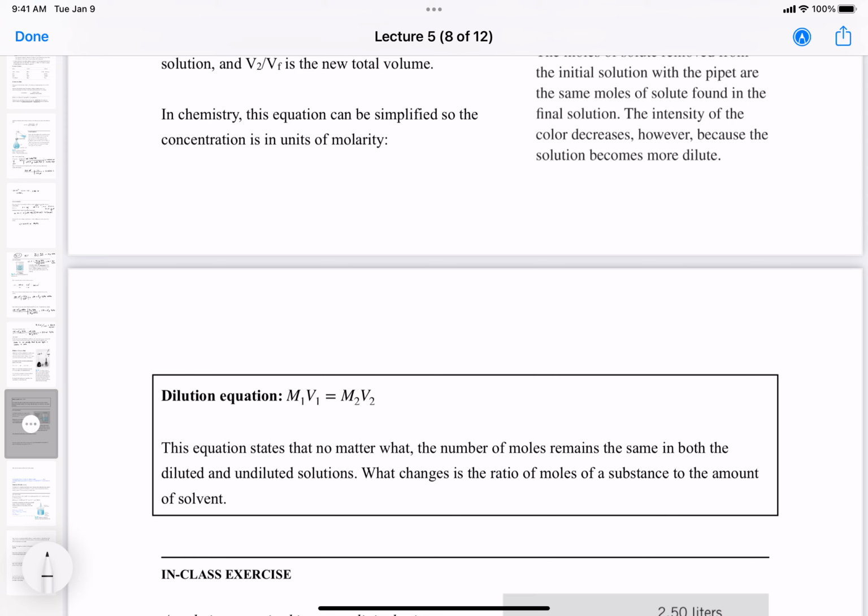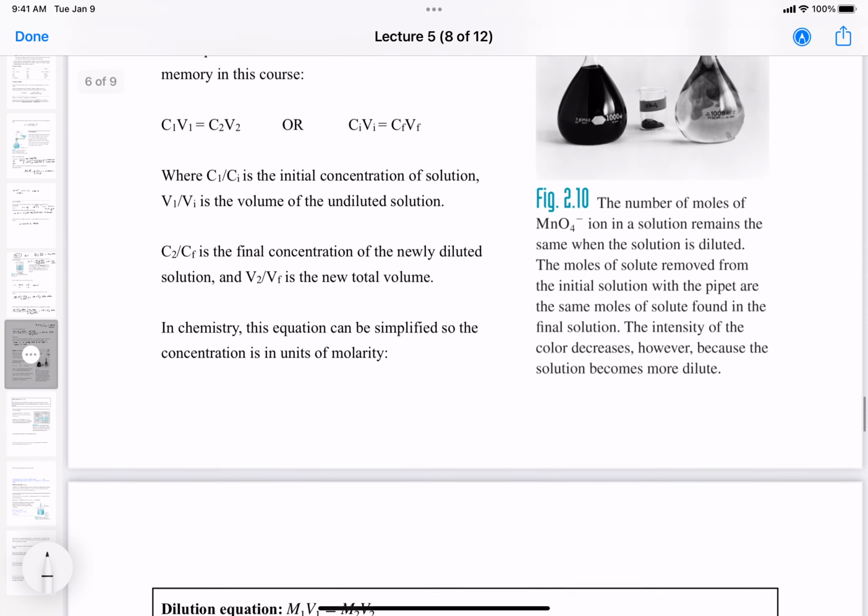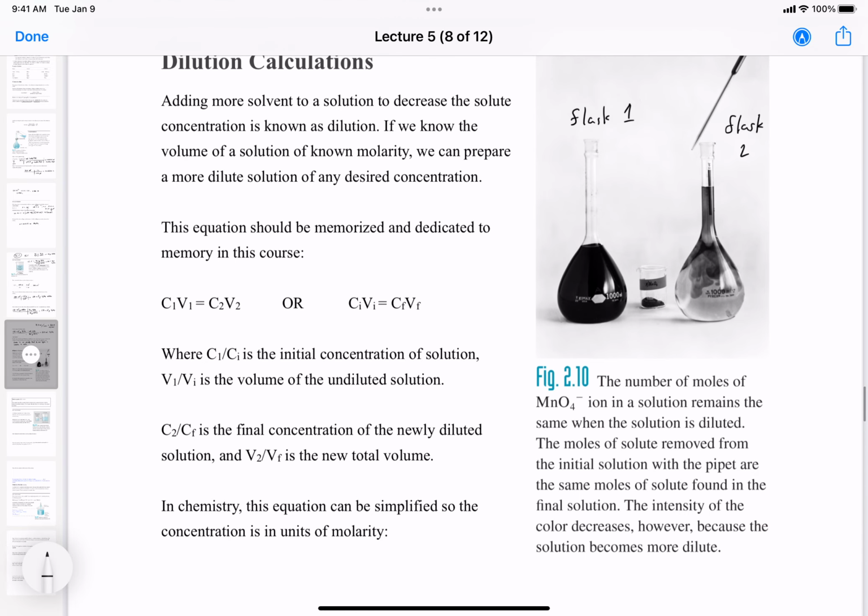Alright? So what that means is, if we take a look back at our picture, the number of moles of manganate ion in solution remains the same when the solution is diluted. So what does that mean? It's the same. Okay.